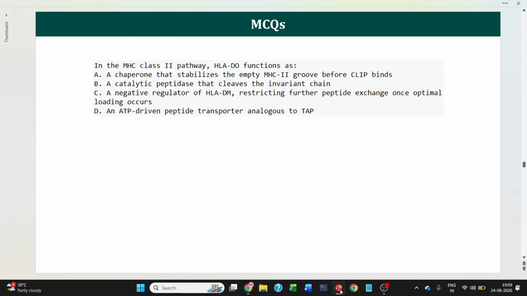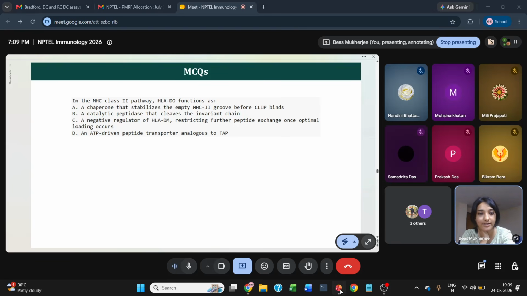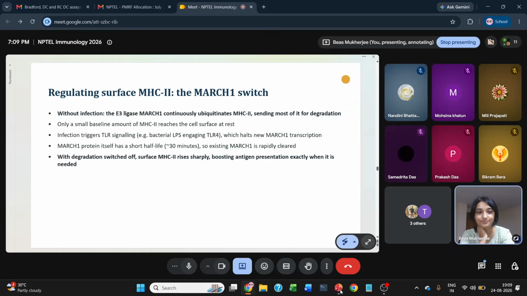Before we go to this MCQ, I'll tell you something very interesting. Proteins inside our cells get degraded within a few minutes, or maybe a few hours at most.